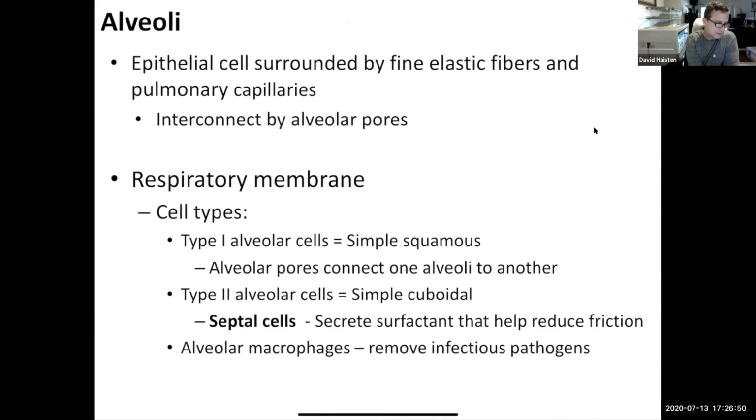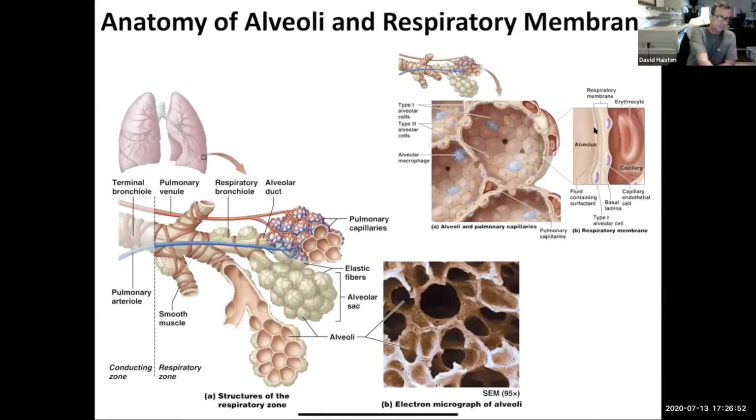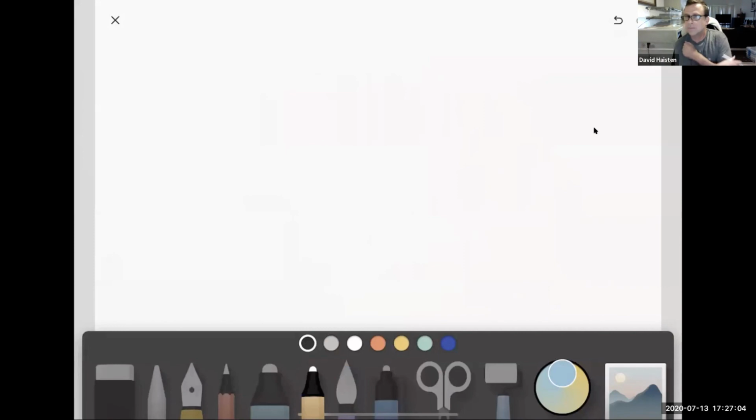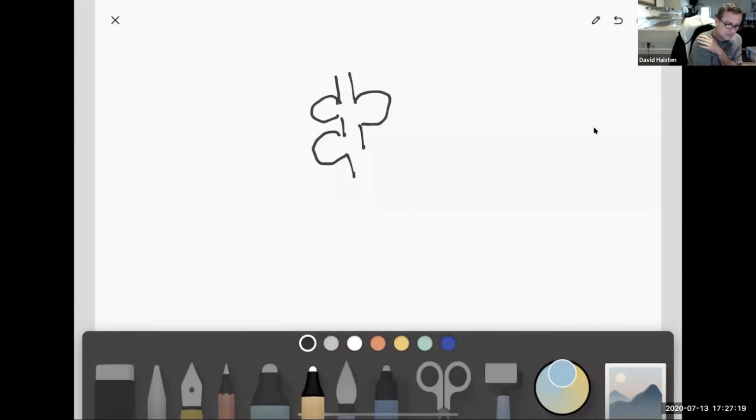Well, let's look at what's going on here. So here we have our alveolar ducts. We have alveoli opening up off the ducts. And then there's alveoli out here and so forth.